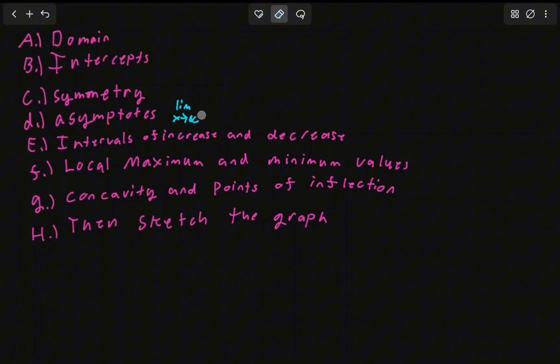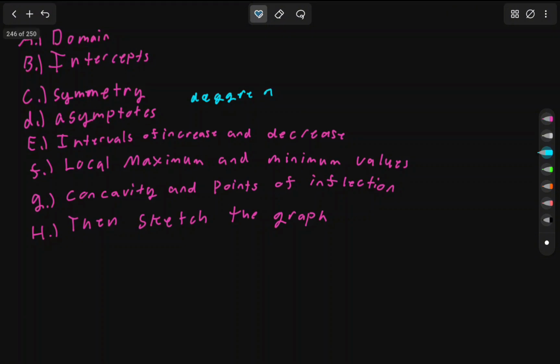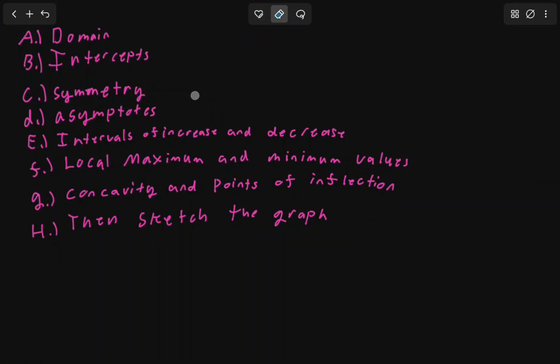And this happens when the degree of the numerator is 1 higher than the degree of the denominator. Horizontal asymptotes happen whenever you're approaching a certain number as you go to infinity, and vertical asymptotes happen whenever you're approaching a certain number and you go to positive or negative infinity.